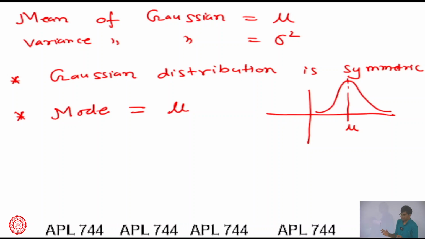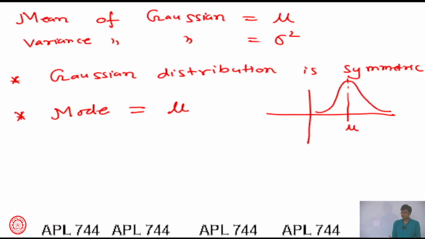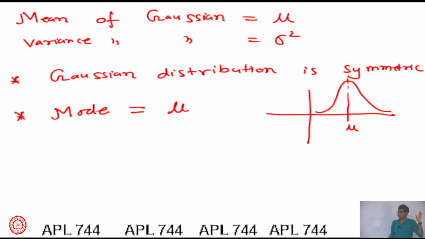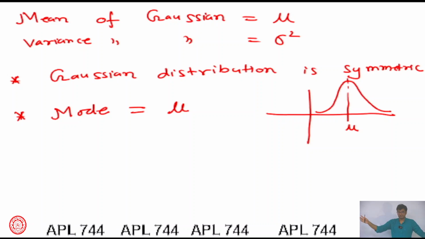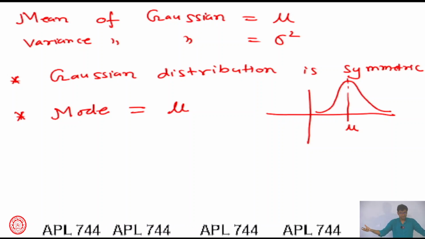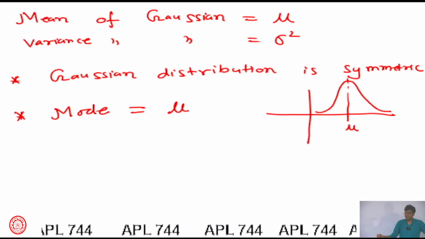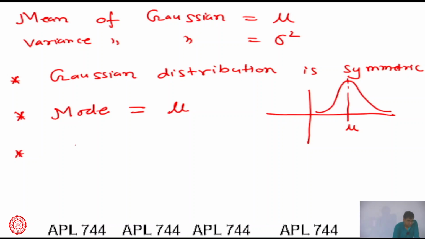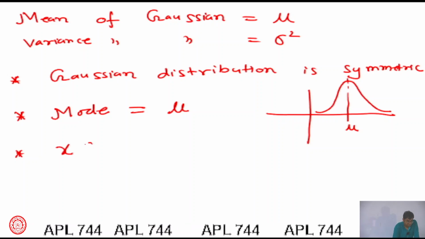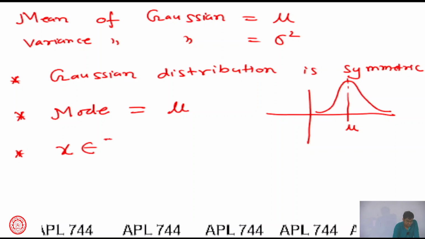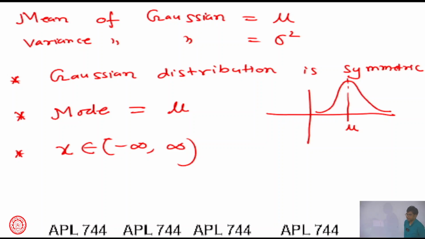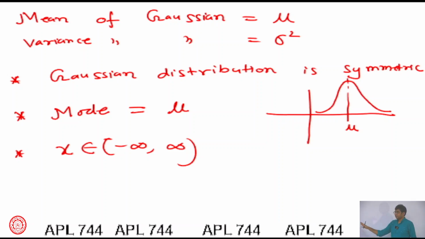And theoretically the value x, which is a random variable, can vary from minus infinity to infinity. So, x can take any value in theory from minus infinity to infinity, okay.